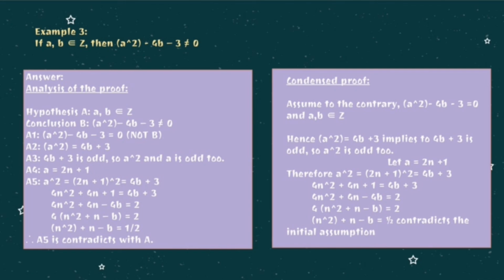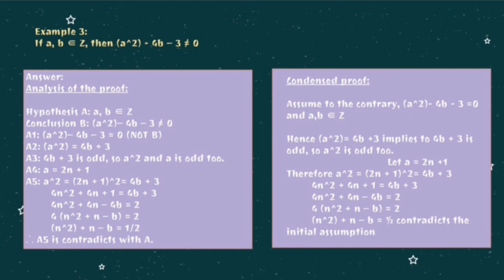And for the condensed proof, we assume to the contrary A squared minus 4B minus 3 equals 0, and A and B are elements of Z. Hence, A squared equals 4B plus 3 implies 4B plus 3 is odd. So A squared is odd too. We're going to let A equals 2n plus 1. Therefore, A squared equals (2n plus 1) to the power of 2 equals 4B plus 3.